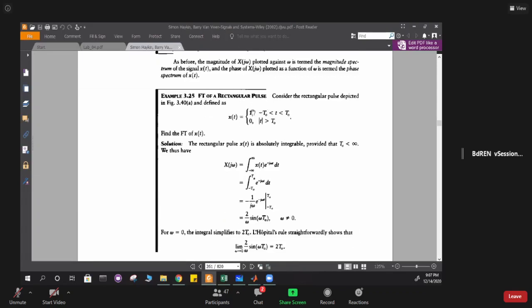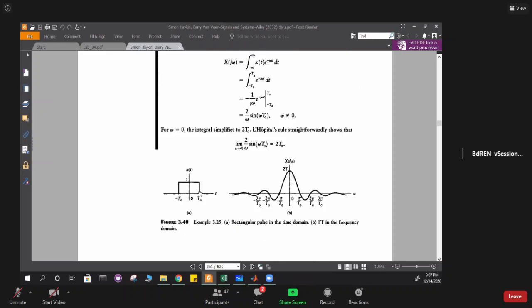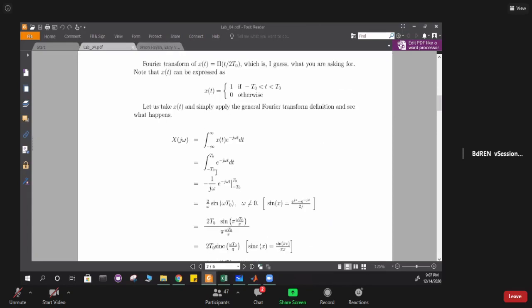This is the equation: it will be 1 for a particular period, which is why we call it a rectangular pulse, from minus T0 to T0. This is the visual representation of x(t), and the corresponding X(j omega) has been calculated.